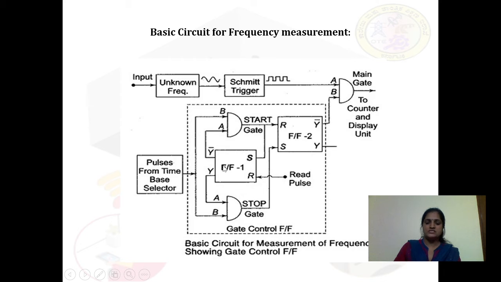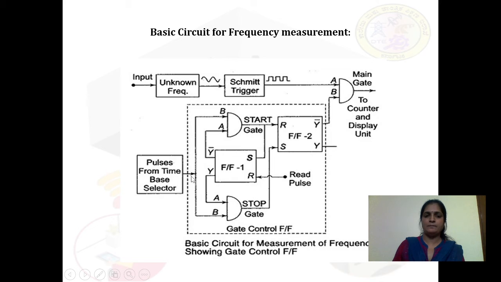The logic 0 state of the output Y bar of flip-flop 1 is applied to the A of the start gate, and this will disable the gate. Here the stop gate is enabled and the positive pulses from the time base pass through the stop gate to the set input, that is flip-flop 2.